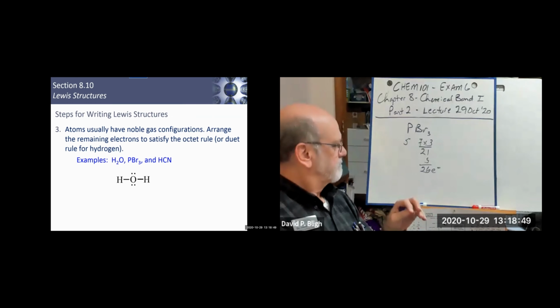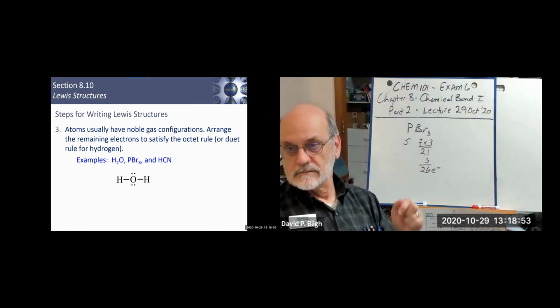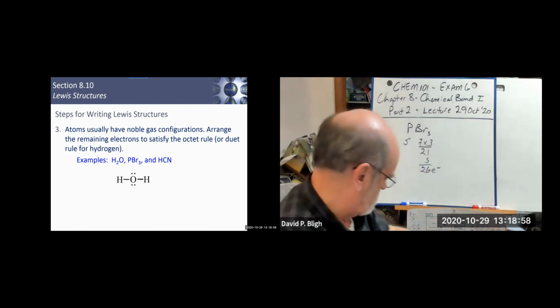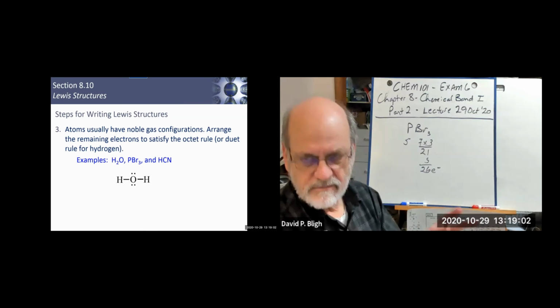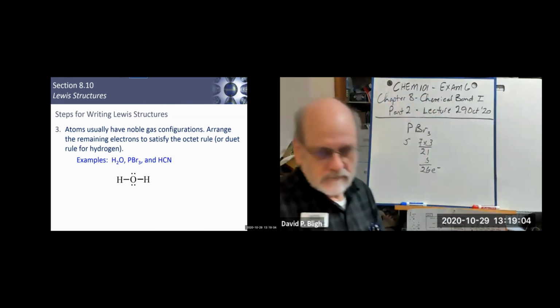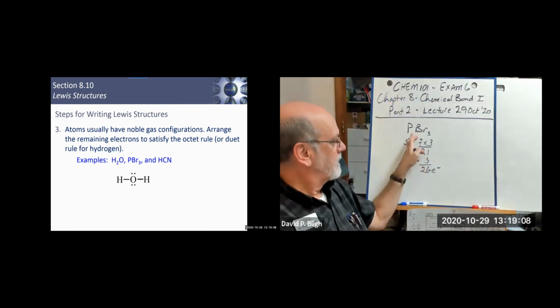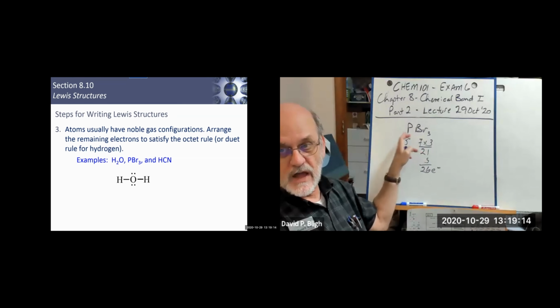Phosphorus is not the most electronegative in this group, I don't think. Well, it could be because it's above bromine. They might be equal. But when in doubt, take the formula. You're not going to be able to bind a bunch of bromines to each other. So phosphorus is the logical one.